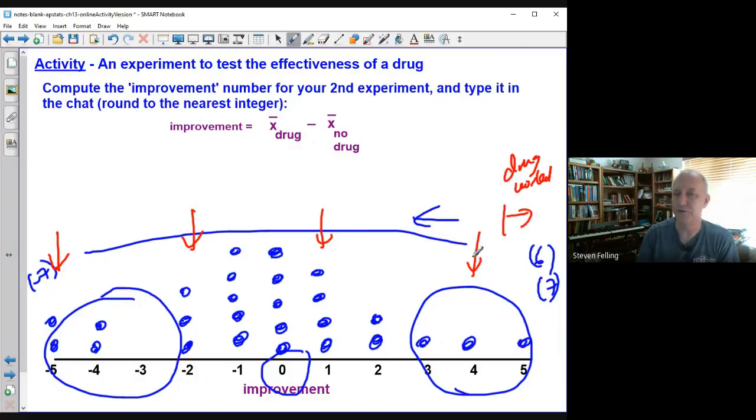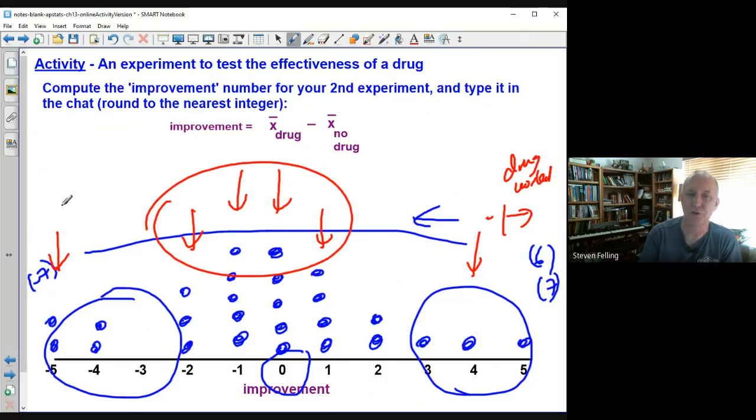So if maybe 6 groups do it, 4 of them have this result and 2 of them have kind of unusual results out here, that replication of the experiment over and over again really solidifies our belief that this result is valid. Because anything can happen, you can get the really weird experiment that got -7 or +7. It's good to replicate the whole thing just to make sure that the results you saw are repeatable. That's called replication of experiment.